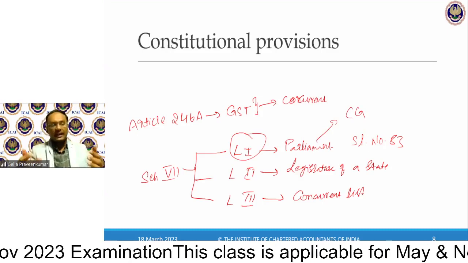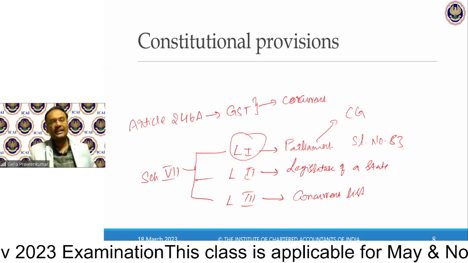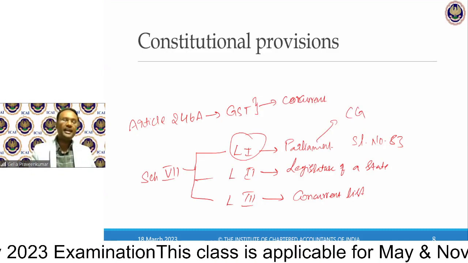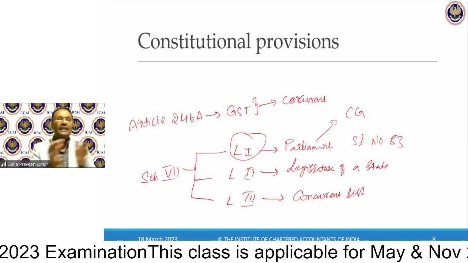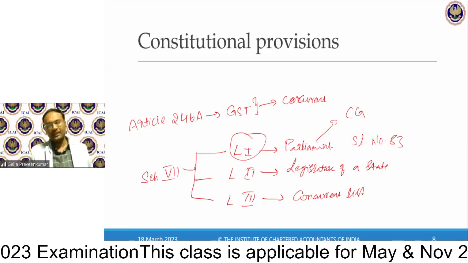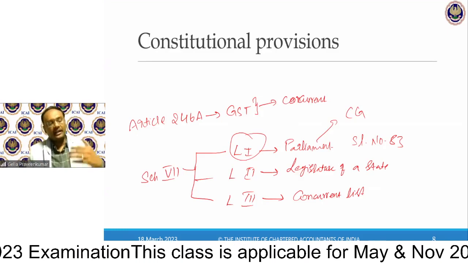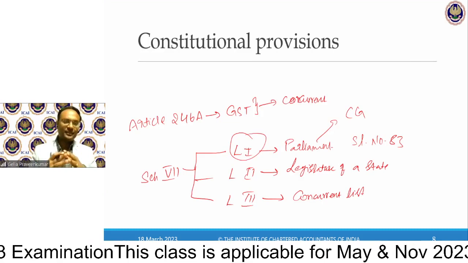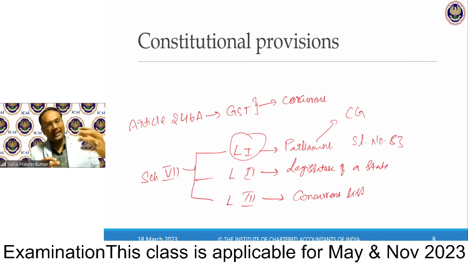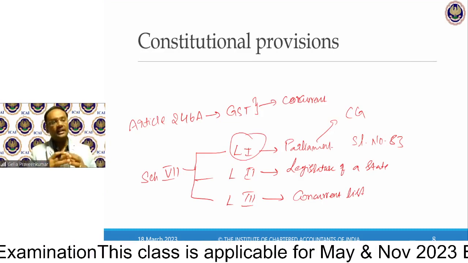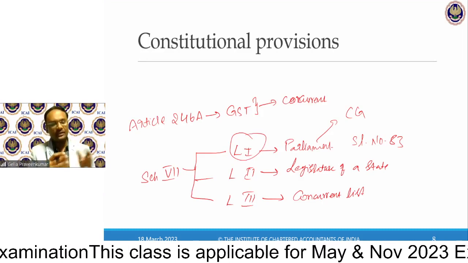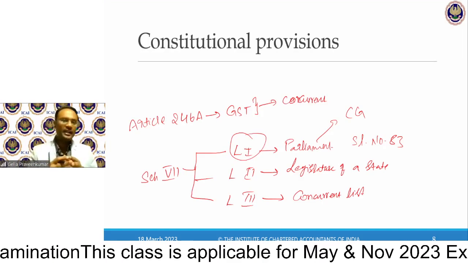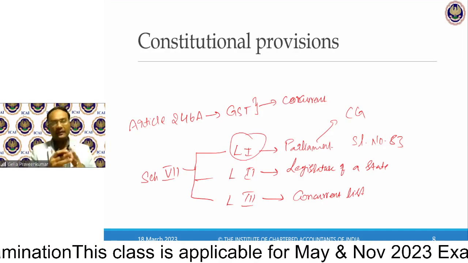Now, for a moment, please understand this example. Then you will have clarity on why we have customs law separate and GST law separate. Say Hindustan Unilever has manufactured their products. When Hindustan Unilever has to sell their goods, we know that there is a levy of GST on goods supplied from one state to another state or within the state.